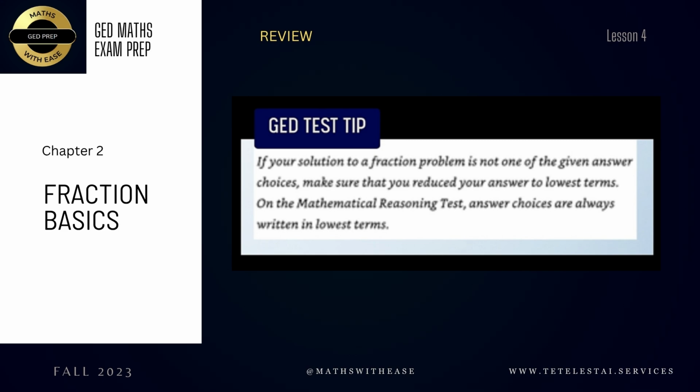So if your solution to a fraction problem is not one of the answer choices you've been given, make sure that you reduced your answer to its lowest terms. And this is kind of similar to the tip that was given to you about decimal operations. Because if you remember, we discussed that decimals and fractions are two ways of reflecting the same quantity.